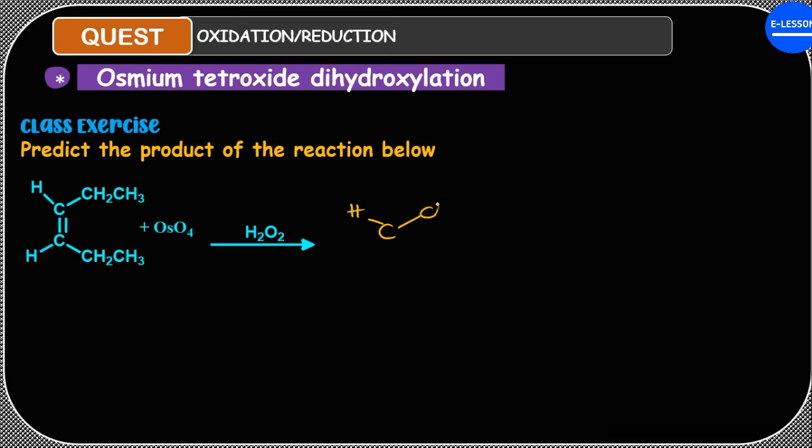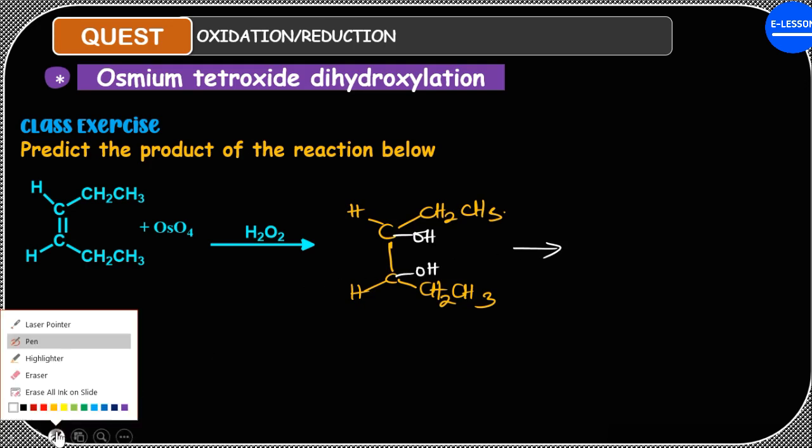Hydrogen, this CH2, CH3, coming here, this is carbon, hydrogen. Here is CH2, CH3. And then you have this OH here, and this OH here. Now, if I want to rearrange this, I can rearrange this to give me something like this.